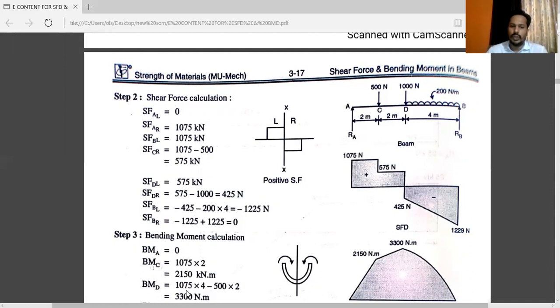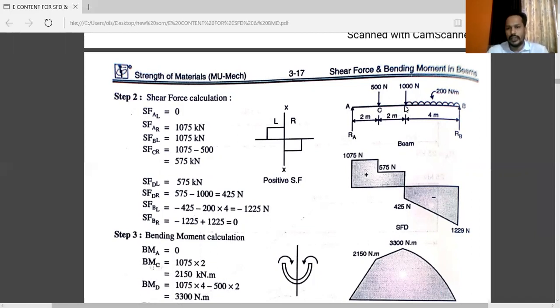So 1075 into 4, from point D the distance is 2 plus 2, that is 4. That is positive, and minus 500 will move in the hogging condition, so minus 500 into 2. Again I am explaining sagging and hogging.